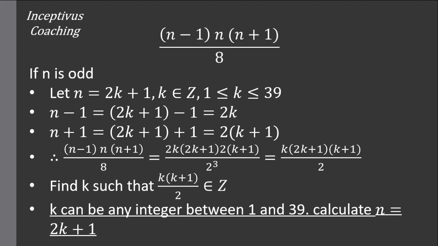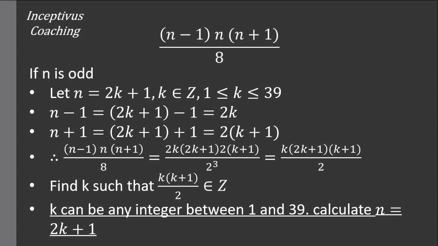For example, if k is odd, then k plus 1 must be even, or if k is even, then k plus 1 must be odd. So at least one of k and k plus 1 will always be even. Therefore, k times (k plus 1) will always be divisible by 2.